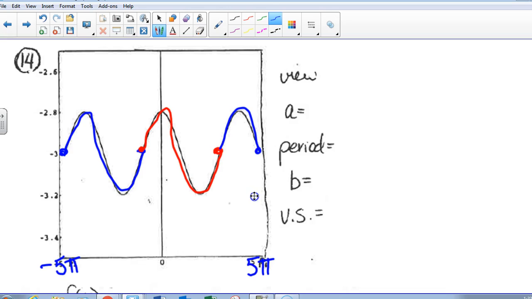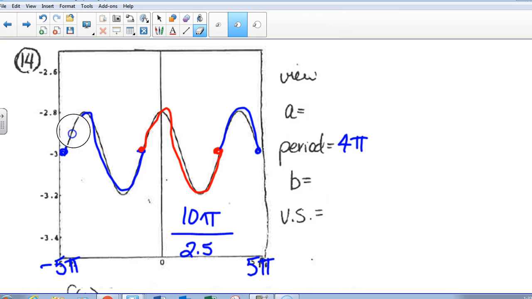Does everybody see that? So what is the distance from negative 5 pi to 5 pi? Over the course of 10 pi, it did 2.5 repetitions or periods. So if I divide that, I get what? Yes, the period is 4 pi.